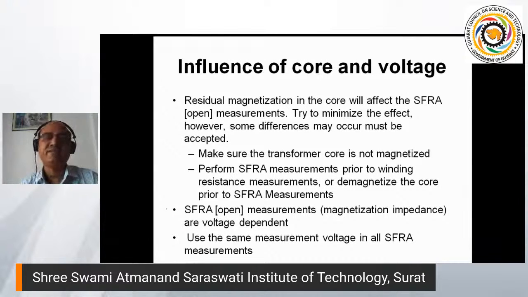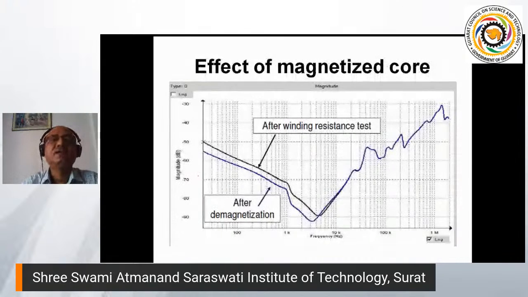SFRA open circuit measurement depends on magnetization impedance and voltage. Use the same measurement voltage in all SFRA measurements. There is a minor voltage dependency of the core. If there is an effect of magnetization, there will be a change in the response, so with demagnetization you will have a different effect.